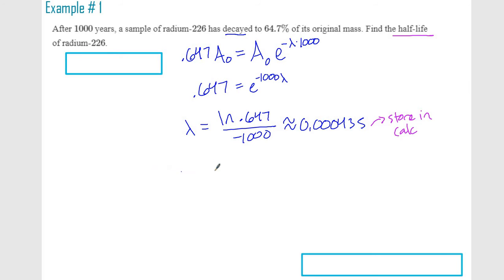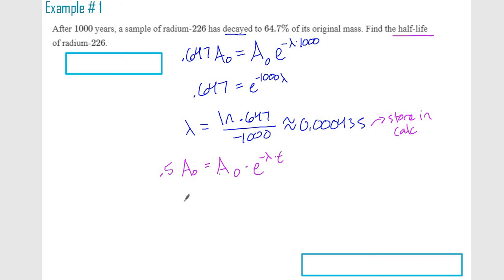Okay, so for the half-life, we start out with some initial amount, and we want 50%, so 0.5 of that original amount, and we don't know what t is. So now we're just solving for t.